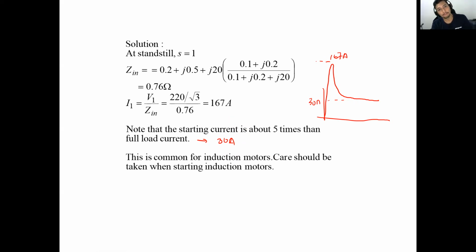That's why for AC motors the electricity bill is quite high, because the motor is always starting, then shutting down, then starting again, and so on. So your bills will be very high due to the starting current. A good example is your air conditioner, where we use a single phase induction motor.